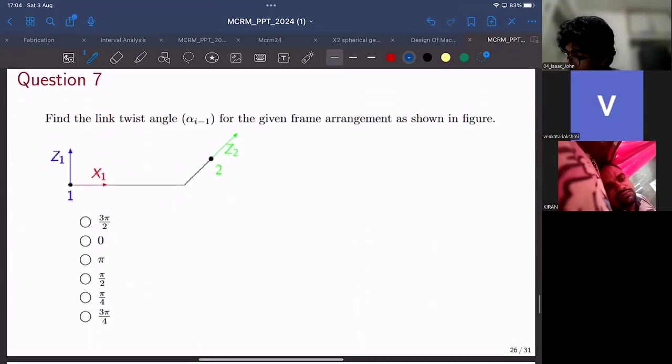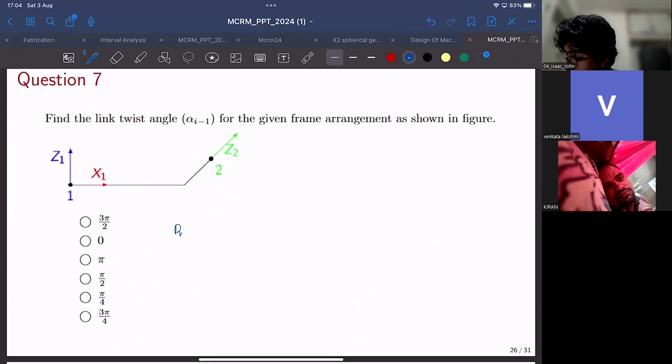Moving on to question 7. The question says, find the twist angle for the given frame arrangement as shown in the figure. So what is the twist angle?